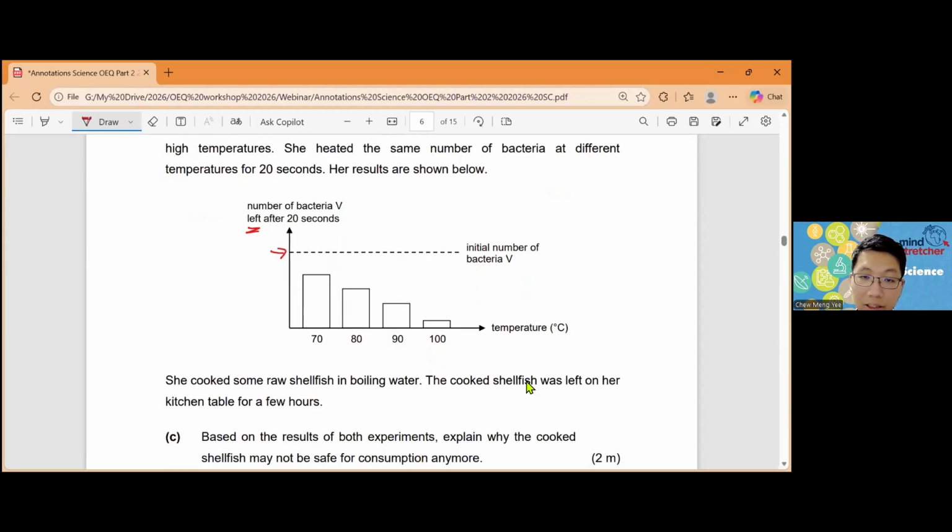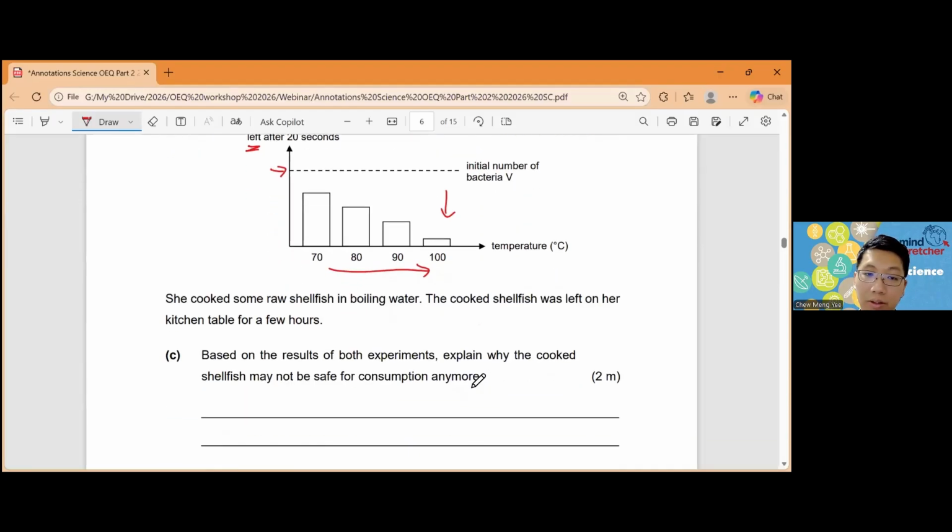After that, okay, it changes. So you can see, right, the higher the temperature, the lower the number of bacteria left after 20 seconds. That is another trend. Okay, as I increase the temperature here, the number of bacteria left after 20 seconds has decreased. Now, so what is part C about?